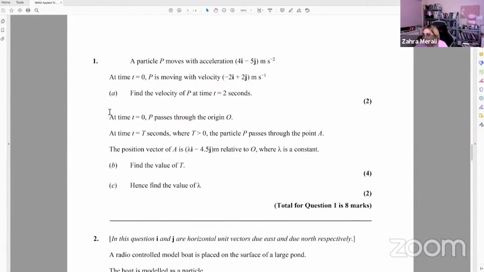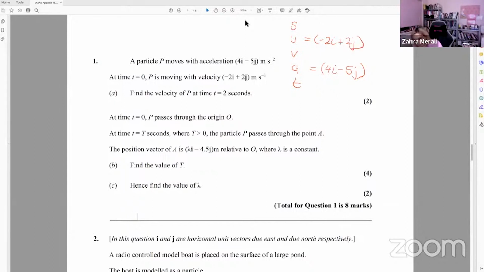So we've got a particle P that moves with acceleration 4i - 5j, and at time t equals 0, it moves at velocity -2i + 2j. You want to find the velocity at t equals 2. So in SUVAT, acceleration is 4i - 5j, and at t equals 0, the initial velocity u is -2i + 2j.